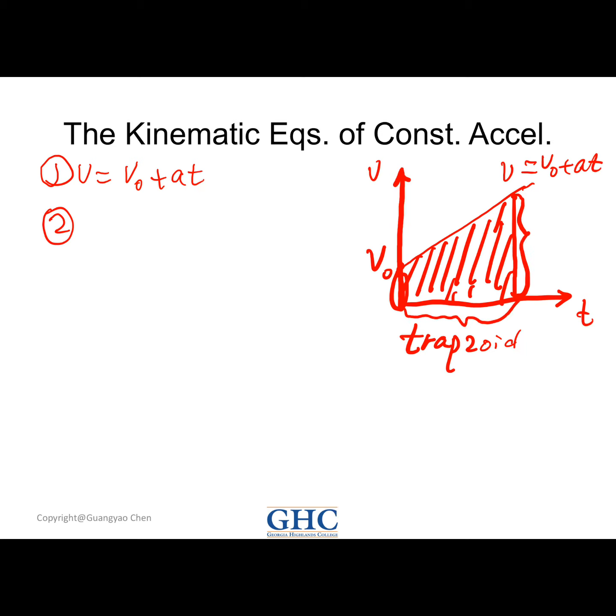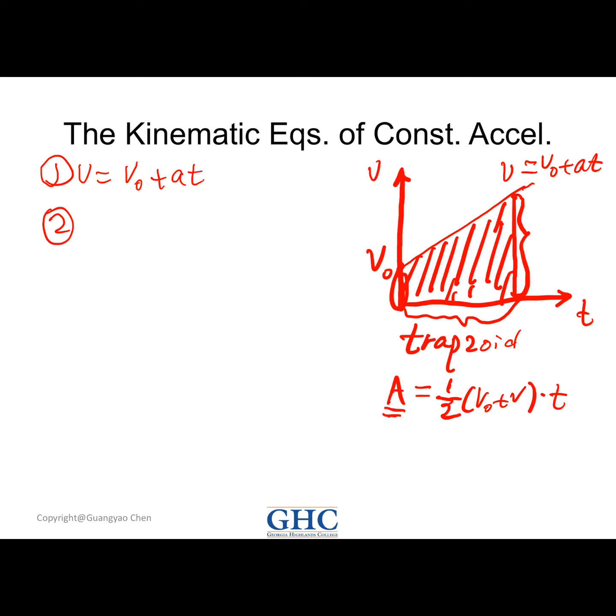We should know how to calculate the area of this trapezoid. The area I highlighted should be 1/2 (v0 plus v) times t. This is just a very simple geometry fact.